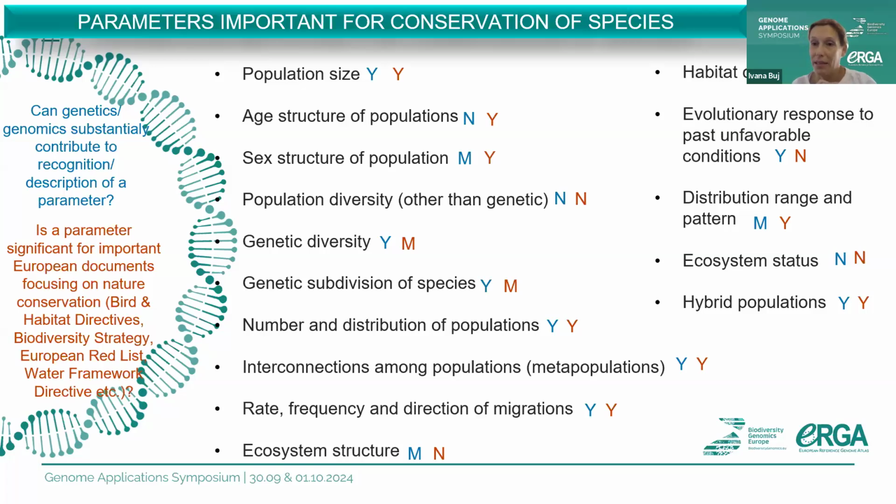That does not mean that these parameters are currently widely estimated using genetics or genomics. I will come to that in a minute, but they can be correctly estimated using genomics.